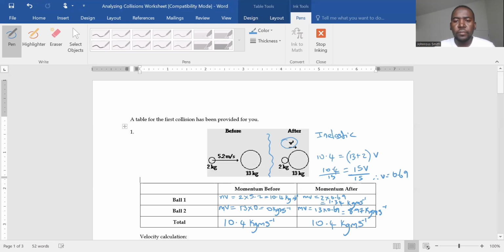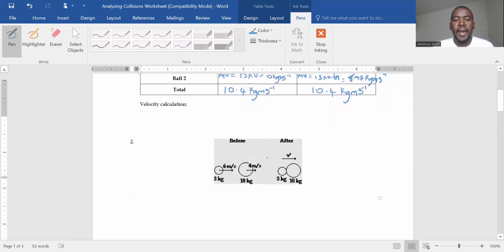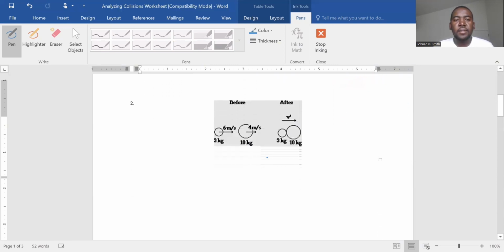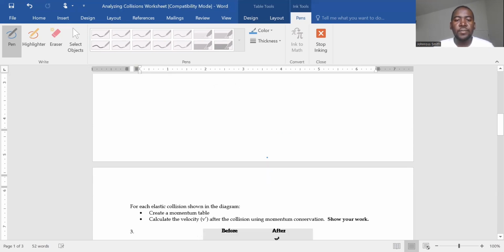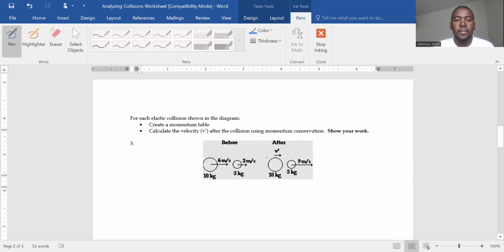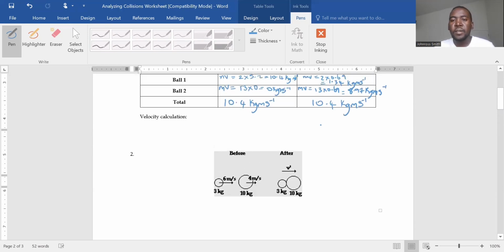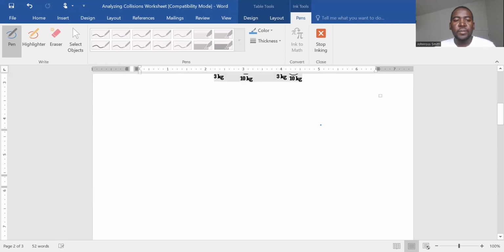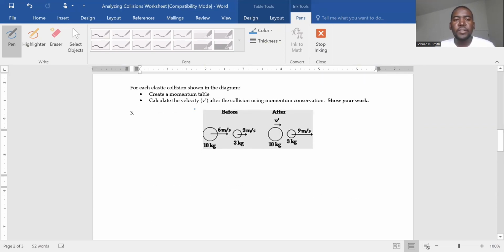All right, so let's look at the question. This one asks us to find the velocity after, which we did up here. So we're going to go to question 3 now. We're not going to create the table.